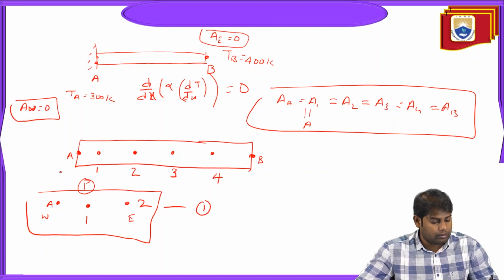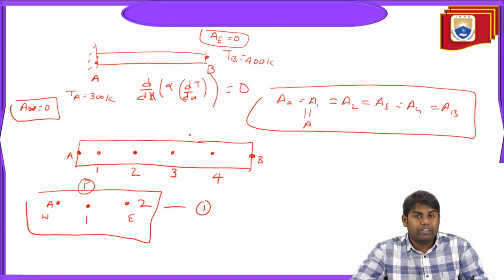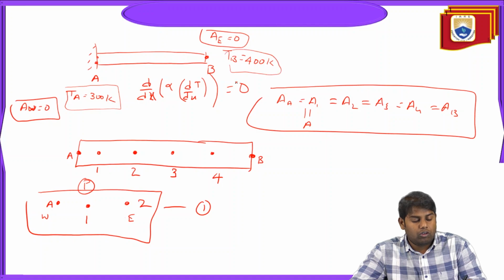The remaining areas A_A, A1, A2, A3, A4 and A_B are all equal to A. This is the approach for the 1D diffusion equation, with boundary conditions T of A equal to 300 Kelvin and T of B equal to 400 Kelvin. With these conditions, we will see the formulation.